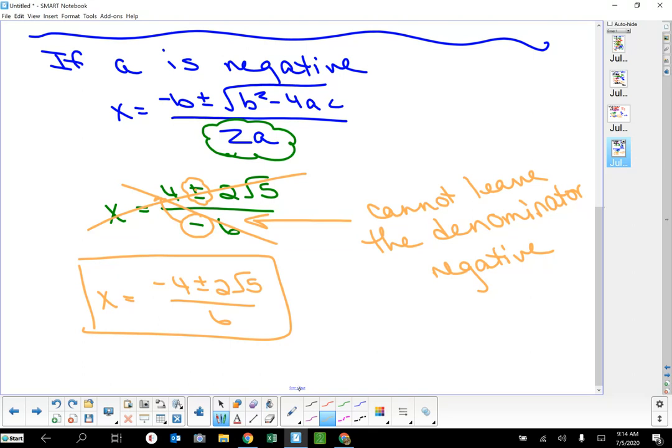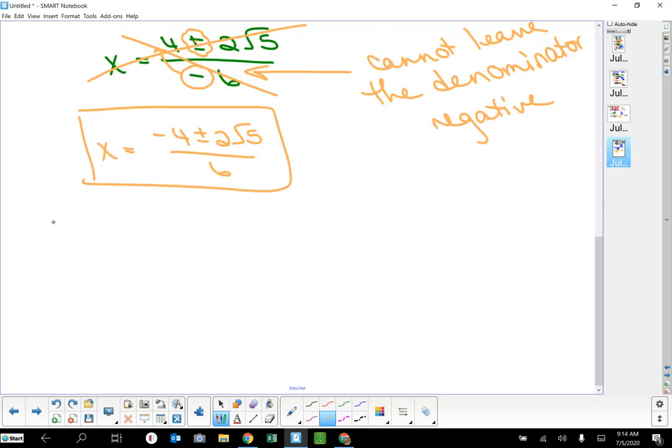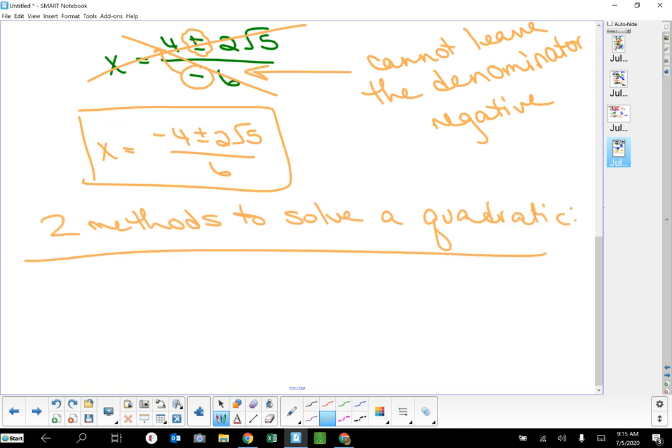All right, so you currently have two methods to solve a quadratic. The first of those is by factoring with the X method.